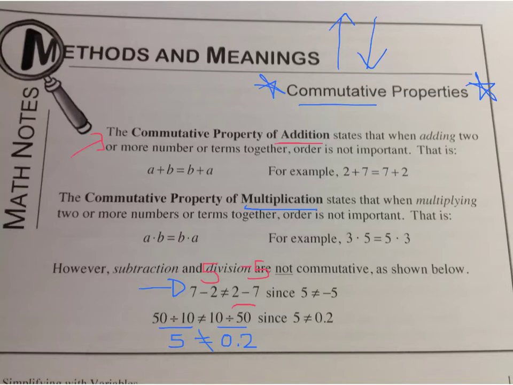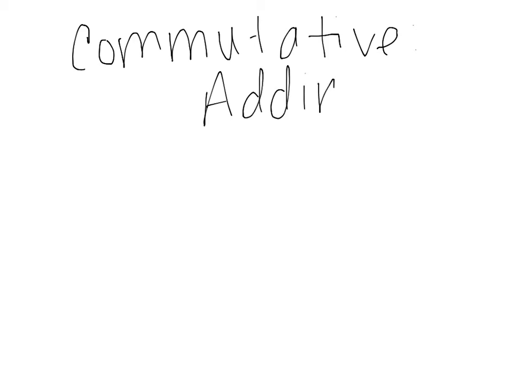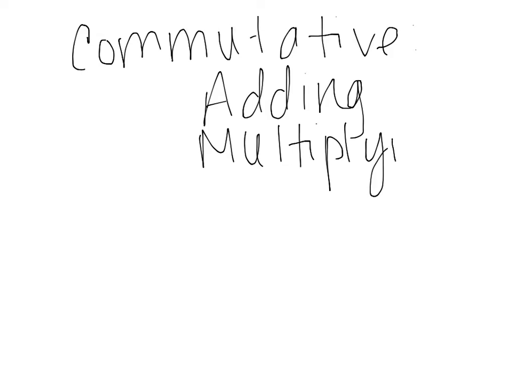You cannot flip them around. The only ones that are commutative are adding and multiplying, because you can just flip the order. So that is the commutative property.